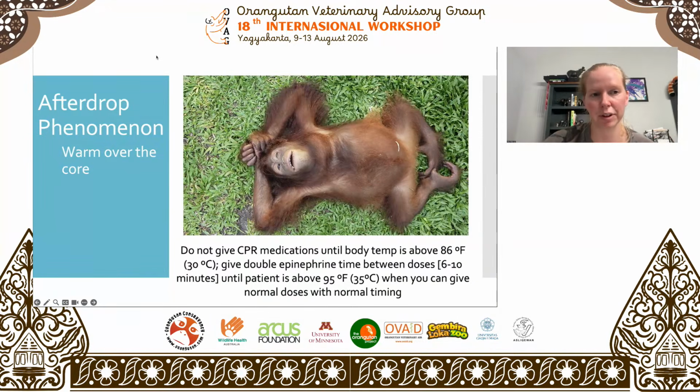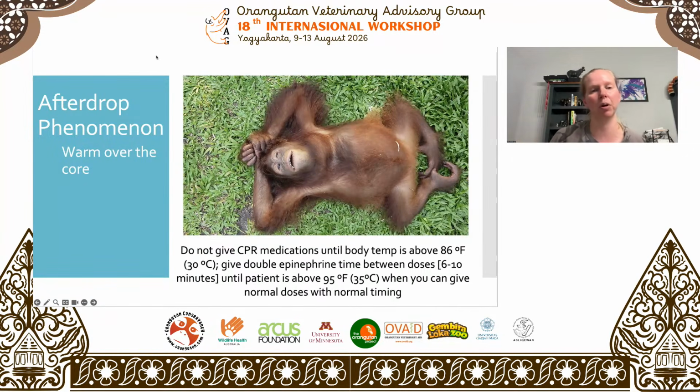If they have had all their blood vessels really constricted out in their periphery, and their blood has gotten really, really cold out in their toes and fingers, and then we send it back to their core, that can suddenly drop the temperature of their heart, their liver, their kidneys, all of that really, really quickly, because the body works to maintain as much blood and as much warmth towards the core as possible. So we can actually make things worse if we warm things up too quickly or try to warm up the limbs in the periphery.